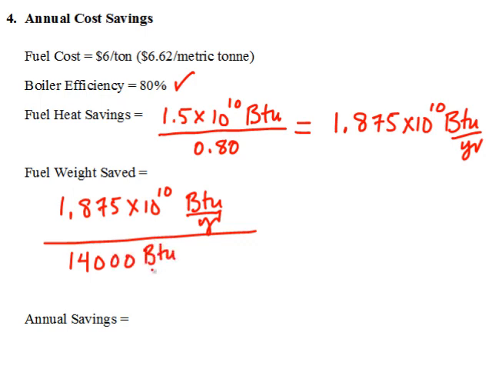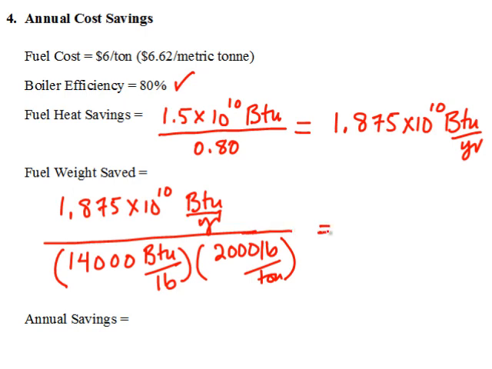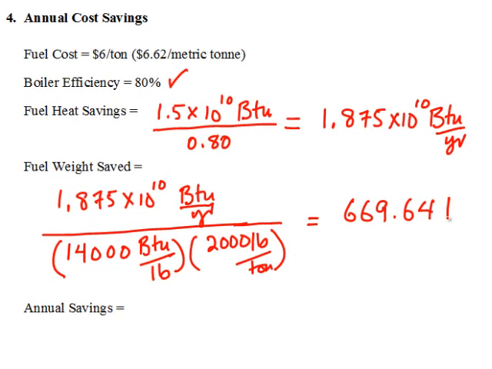So it's 14,000 BTUs per pound of fuel available times 2,000 pounds per ton. That's the US ton. And so this comes to 669.64 US tons. If working in the metric system, this translates into 607.5 metric tons.